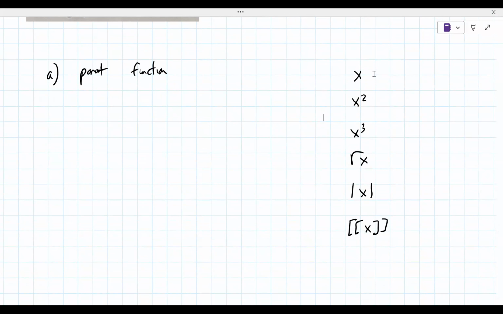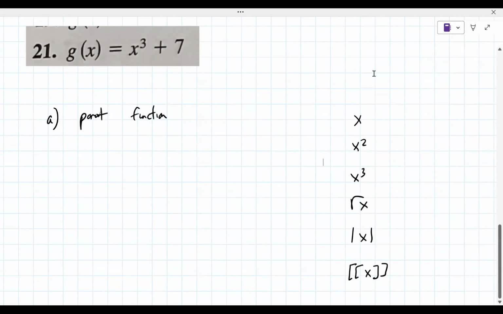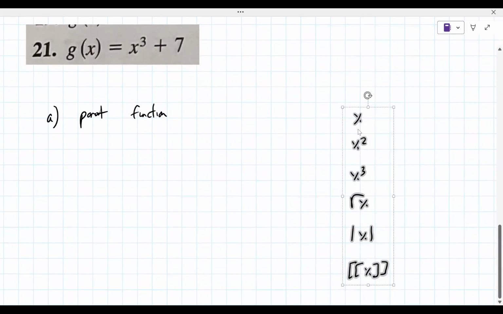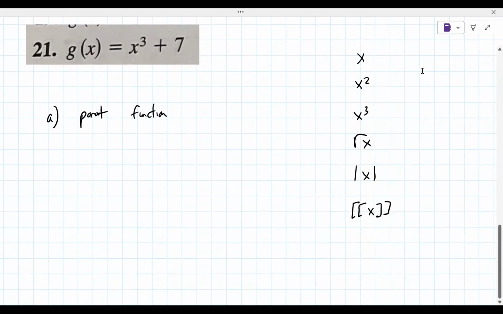Copy what down? The second problem. Okay.